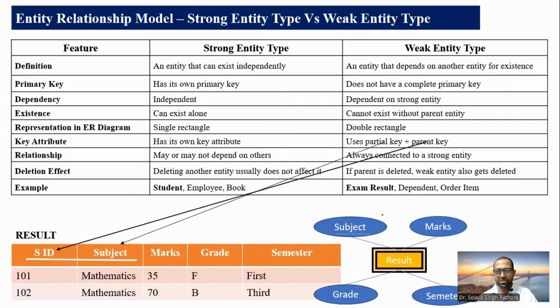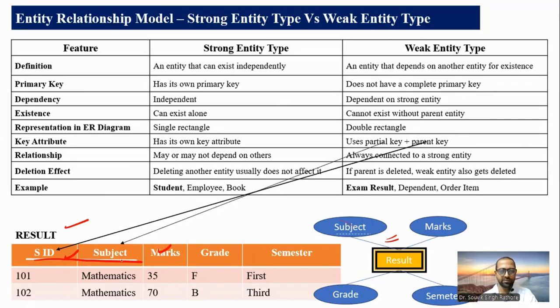In the next slide, you have another part of the ER diagram. This is basically the part of the result entity type. When it is converted into the result table, you can see here we have the student ID and we have the subject.